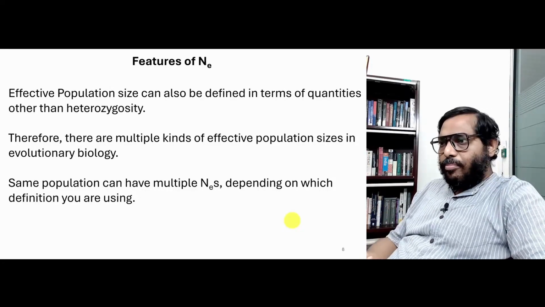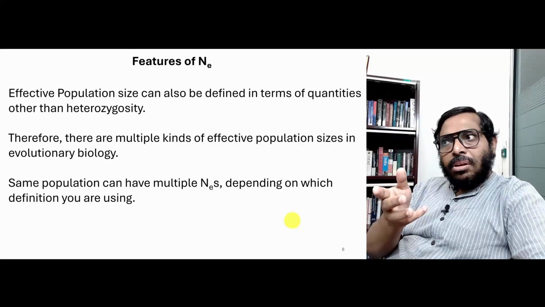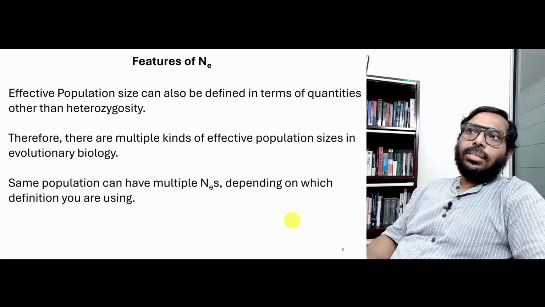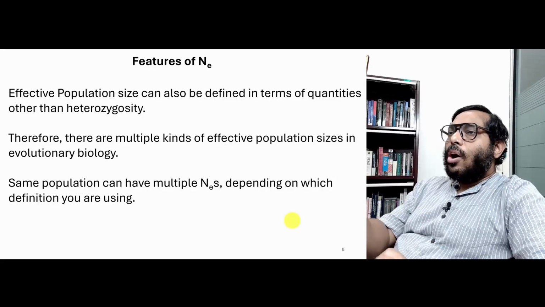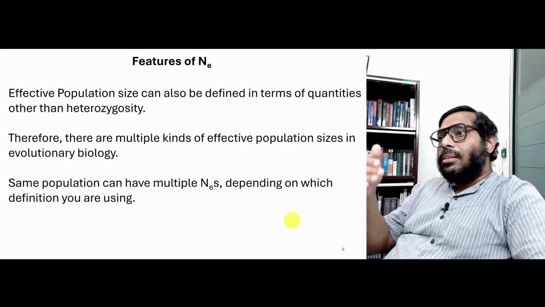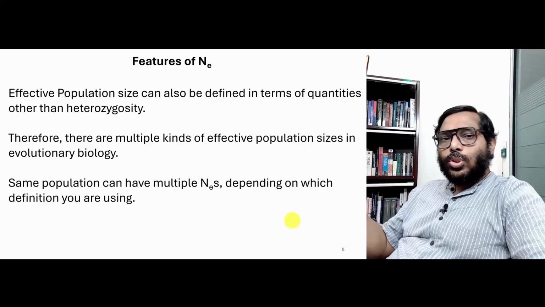That should not be too tough, because if you are thinking in terms of how fast it is losing heterozygosity, you think in terms of the heterozygosity kind of effective population size. If you think in terms of how fast the variance of alleles is changing, then you think in terms of what is known as the variance effective population size, and so on and so forth.